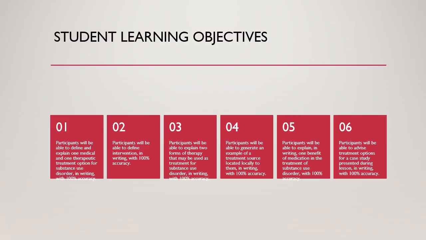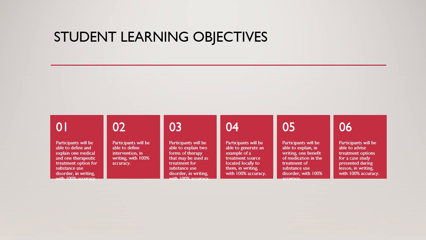Here we see our student learning objectives for lesson number 7. We have 6 of them for this lesson. Our first student learning objective is participants will be able to define and explain one medical and one therapeutic treatment option for substance use disorder in writing with 100% accuracy.